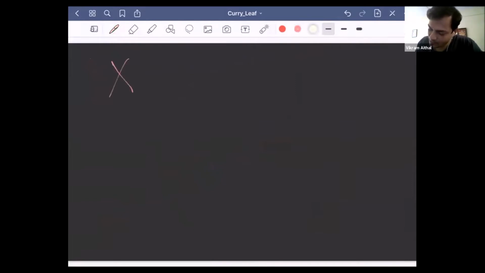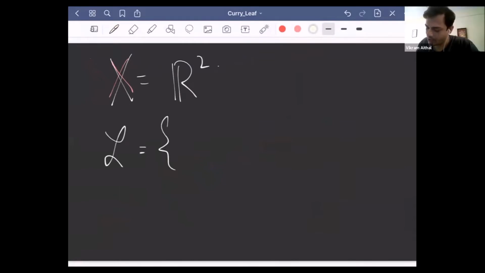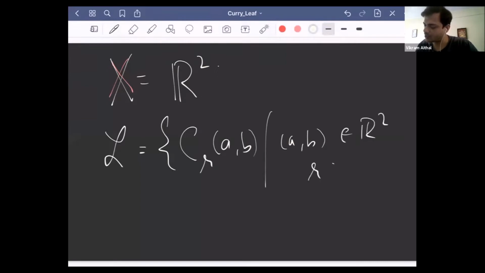Again, I take X to be R2 and I take L to be circles. Let me write it properly. This is the set of all C(A,B,R), where A, B is in R2, R is positive.